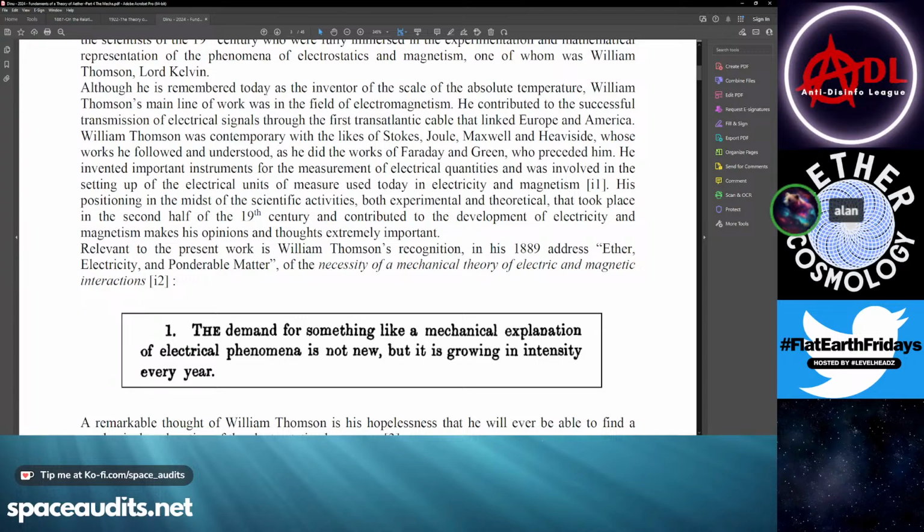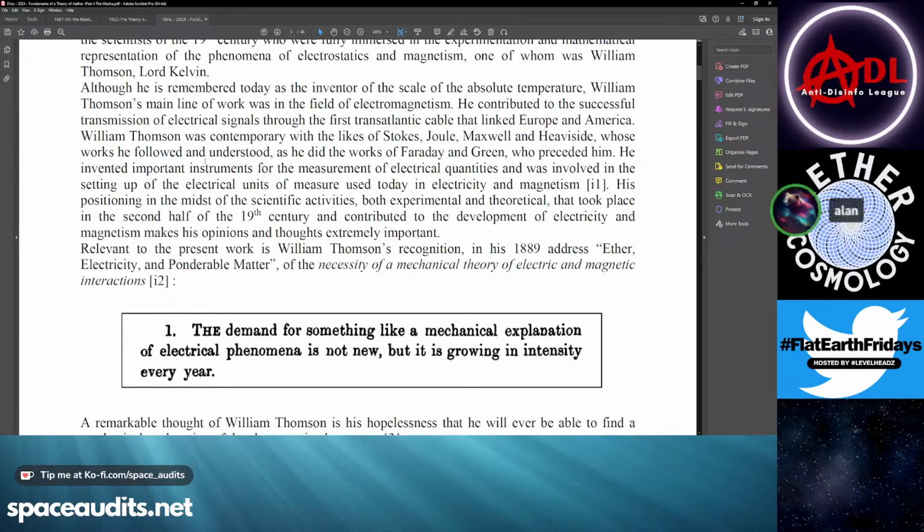Although he is remembered today as the inventor of the scale of absolute temperature, William Thomson's main line of work was in the field of electromagnetism. He contributed to the successful transmission of electrical signals through the first transatlantic cable that linked Europe and America. William Thomson was a contemporary of the likes of Stokes, Joule, Maxwell, and Heaviside, whose works he had understood, as well as the works of Faraday and Green, who preceded him.